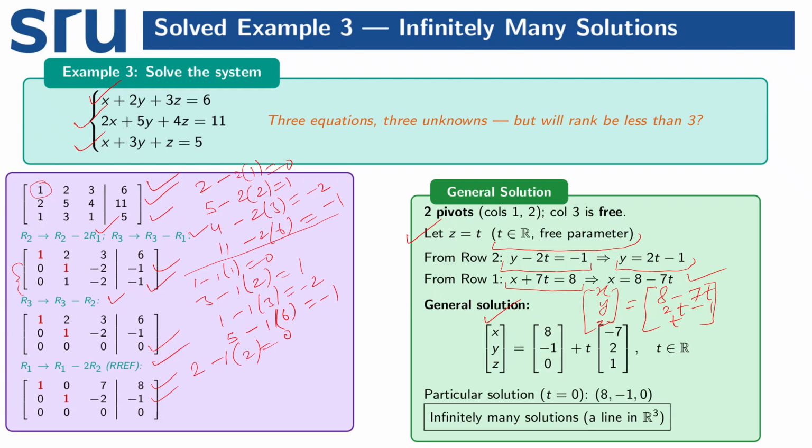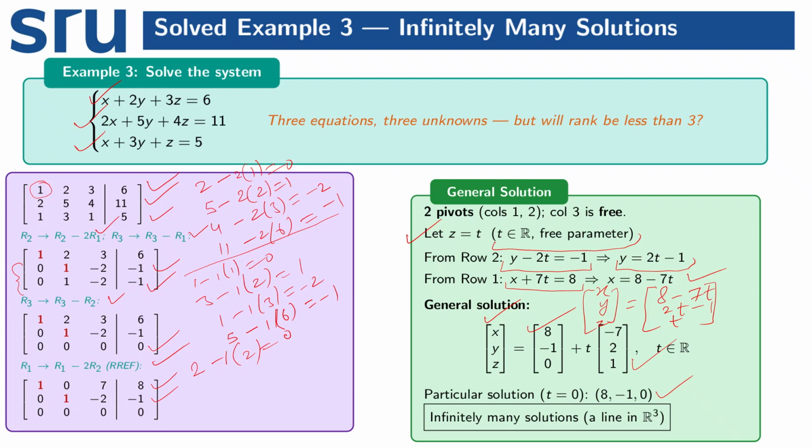We separate out the constants on one side, so it is the column 8, minus 1, 0 plus t times the column minus 7, 2, 1. Here t is the parameter. This is the general solution, and if t equals 0, then it becomes a particular solution.